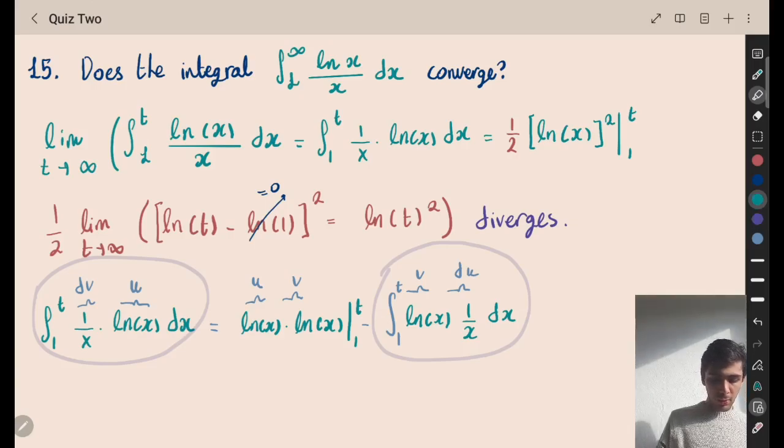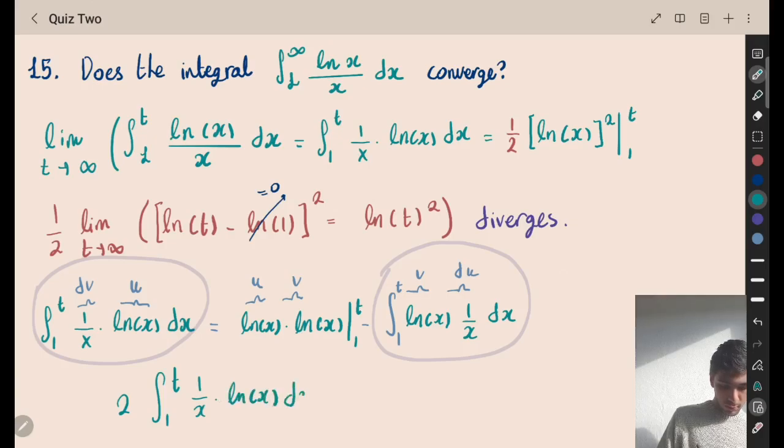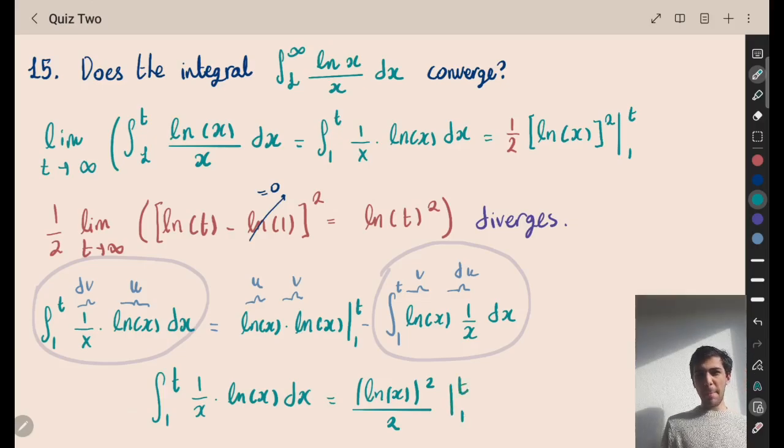So in principle, twice of our integral, if I add this to both sides, is equal to ln of x times ln of x, which is ln of x squared. So if you divide by 2, this is your antiderivative.